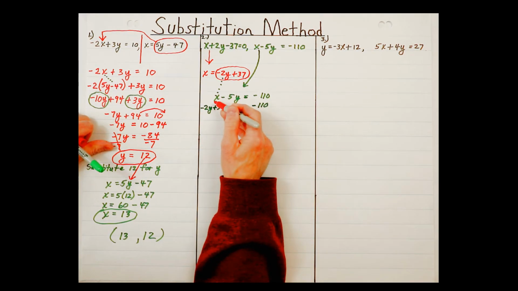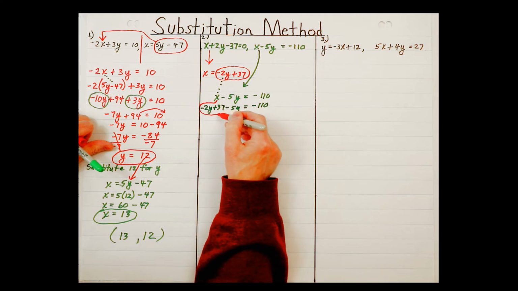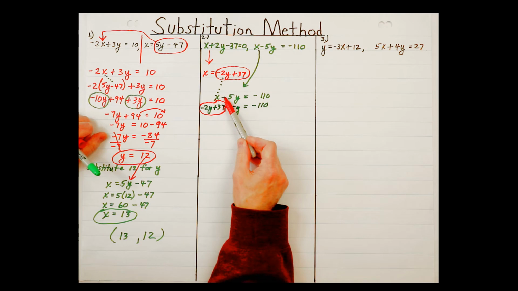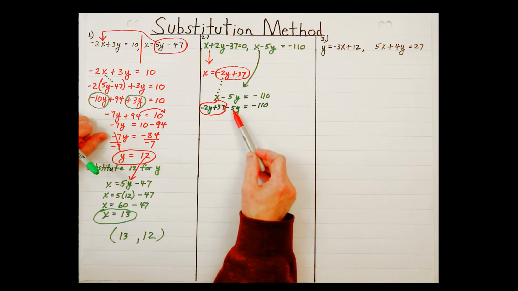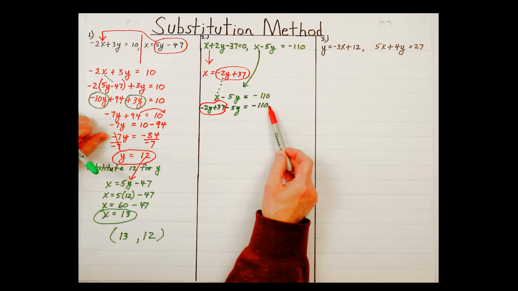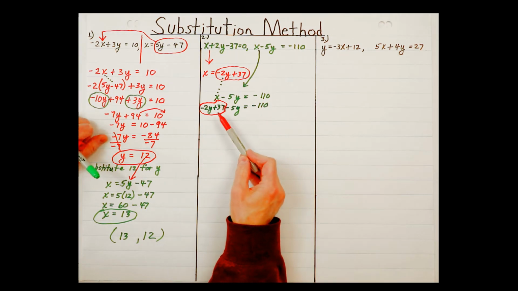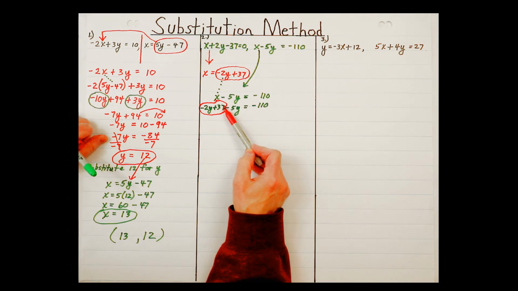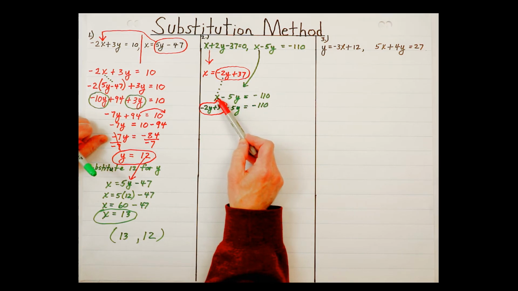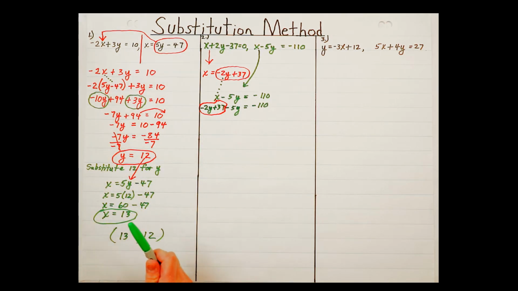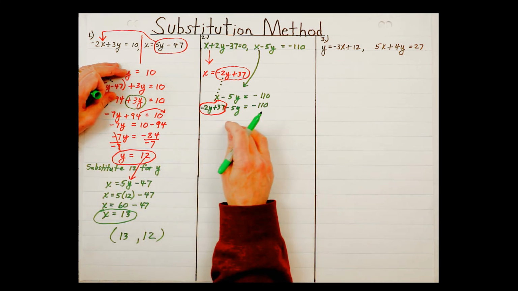The only thing that changes is this. Everything else is the same. Look, minus 5y, 5y, equals, negative 110, negative 110. The only thing that changes, we are substituting negative 2y plus 37 in place of x. So now we continue and find out the value of y as our first letter.